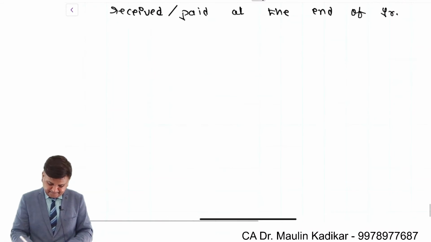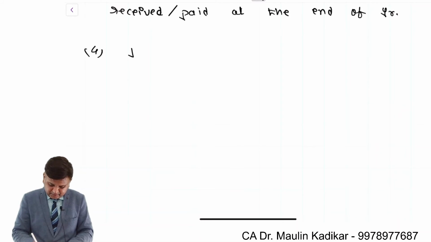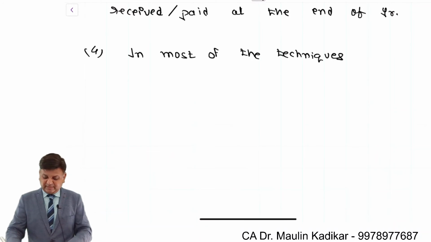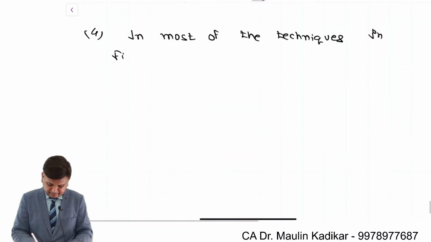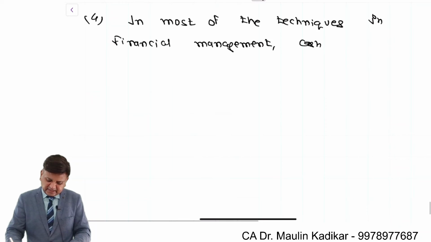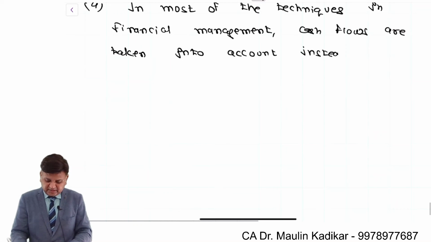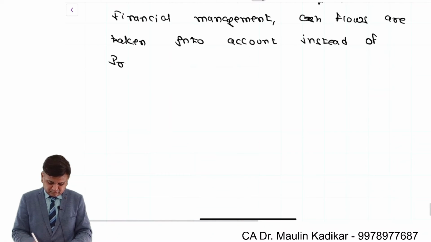Next point. In most of the techniques in financial management, cash flows are taken into account instead of profit for decision making.